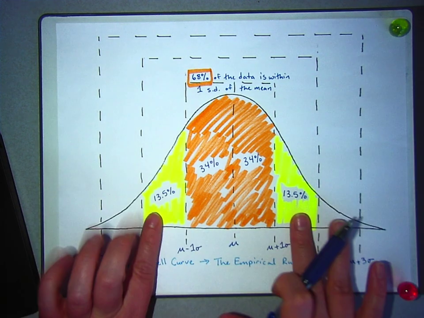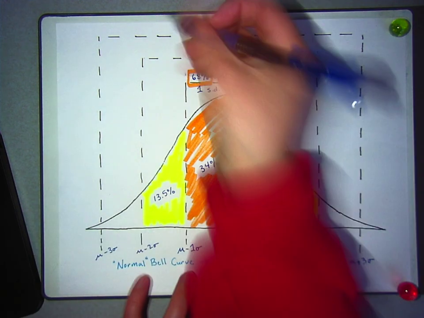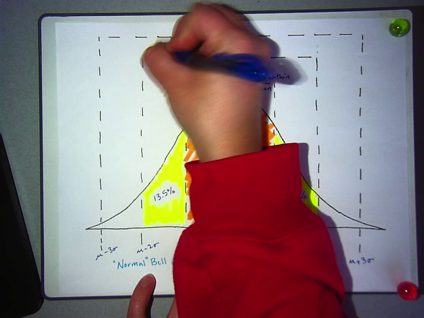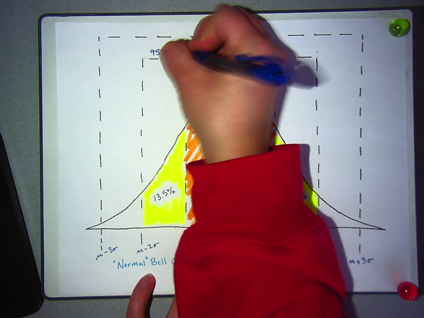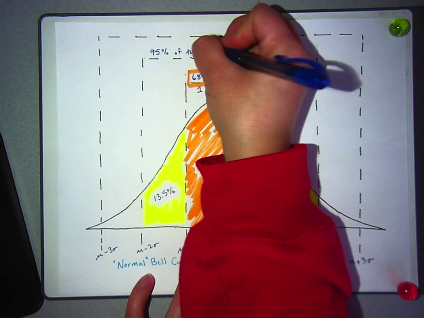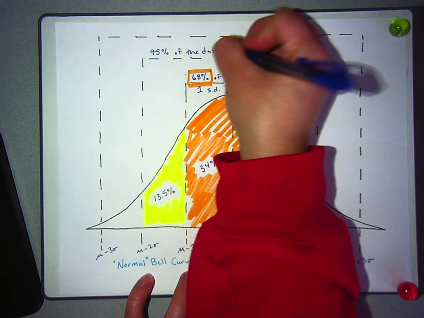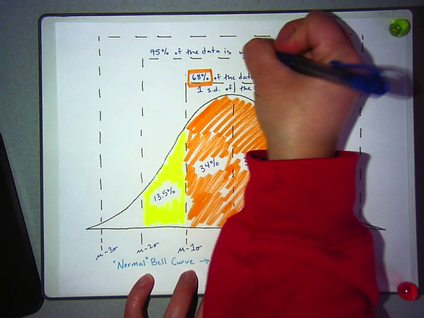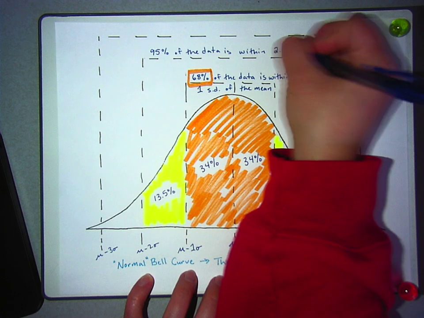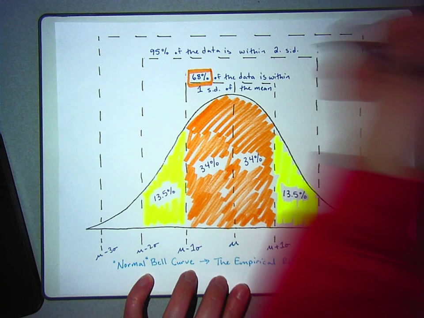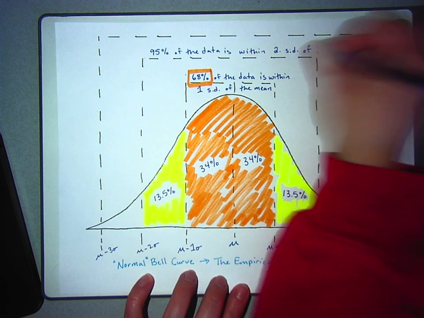Because the yellows add up to 27, but this is 68. So now I'm going to write 95% of the data is within 2 standard deviations of the mean.